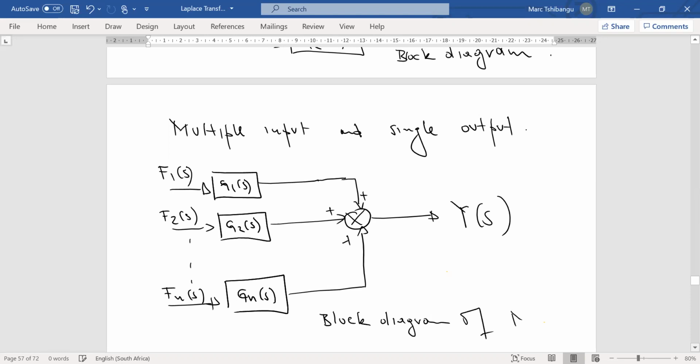This could also be called a MISO: you have multiple input variables and a single output variable.